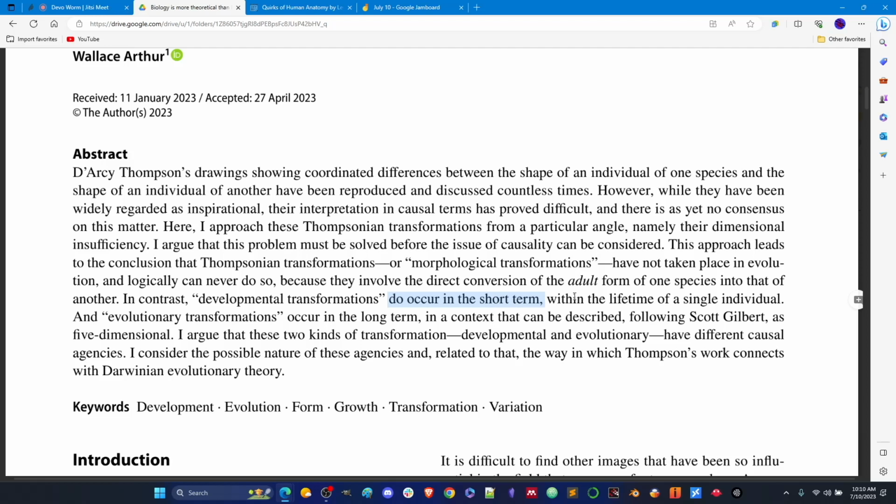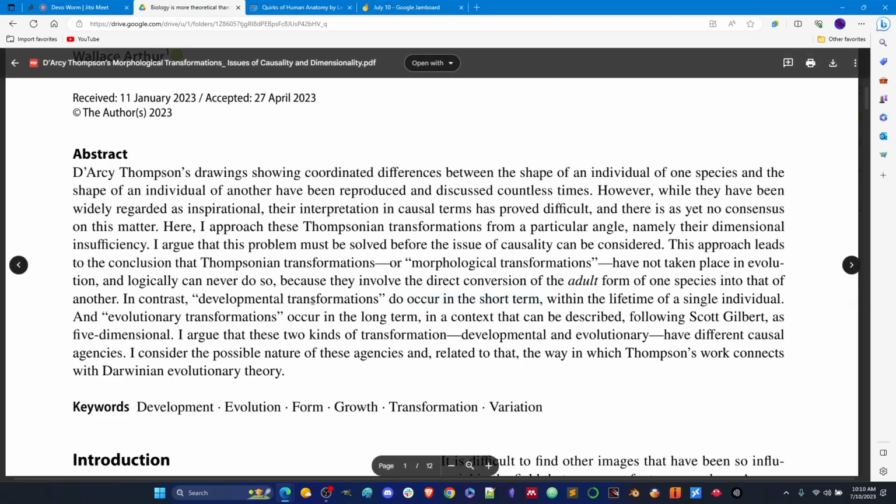It's not that those transformations are going to explain anything on their own. They just show what happens when some X factor, which is developmental transformations, unfold. And so there are these developmental transformations that occur in the short term within the lifetime of a single individual.